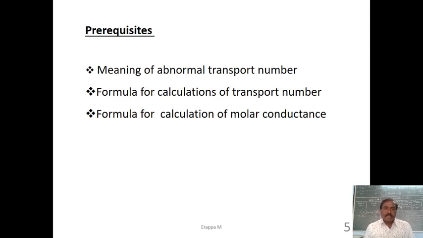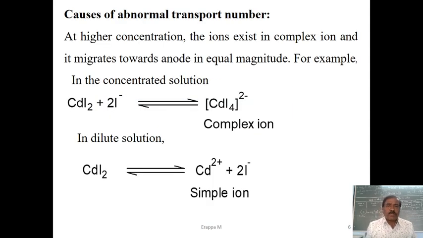Before that, you should know the meaning of transport number, the formula for calculation of transport number, and the formula for calculation of molar conductance. So, causes for abnormal transport number. At higher concentration, the ion exists as a complex ion and it migrates towards the anode.